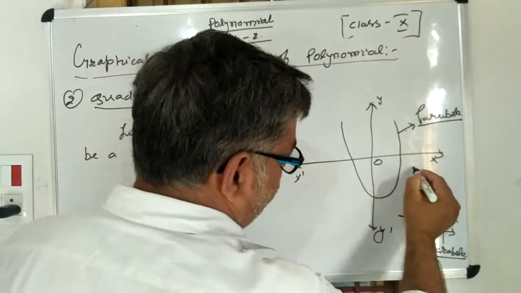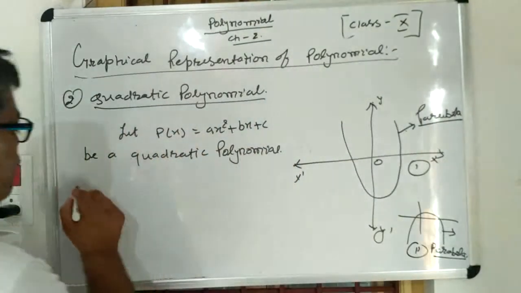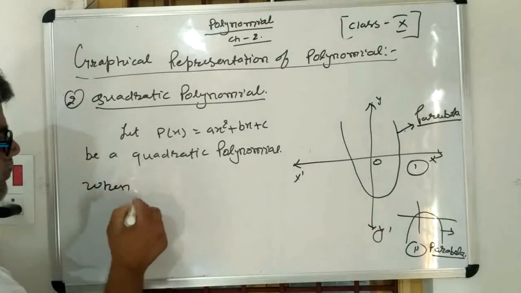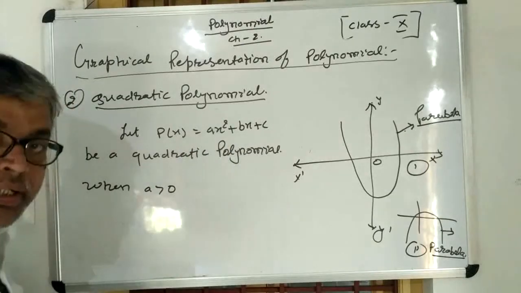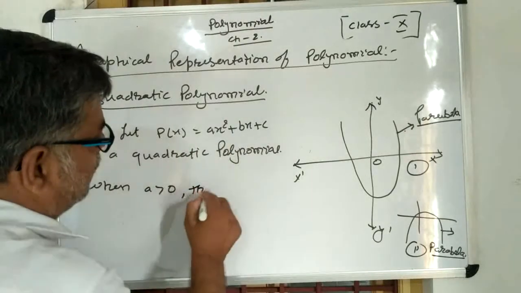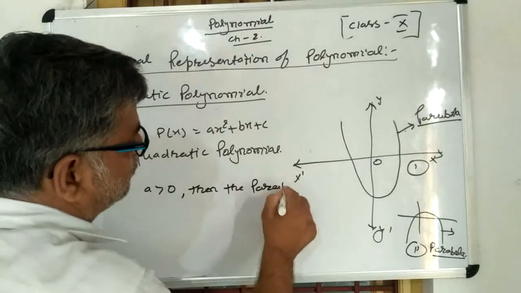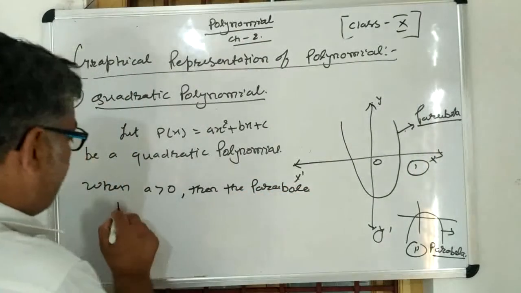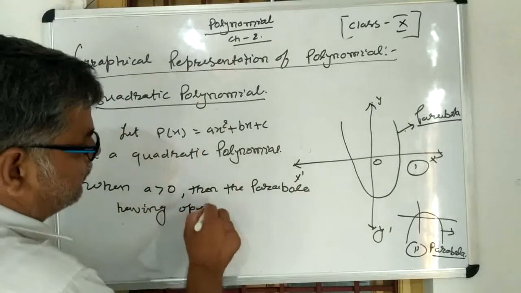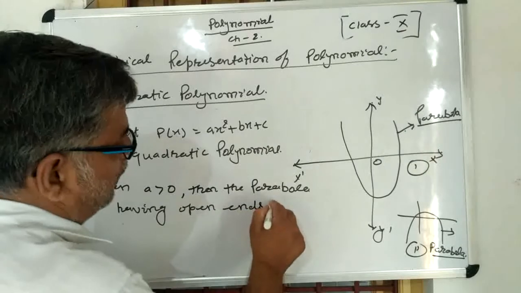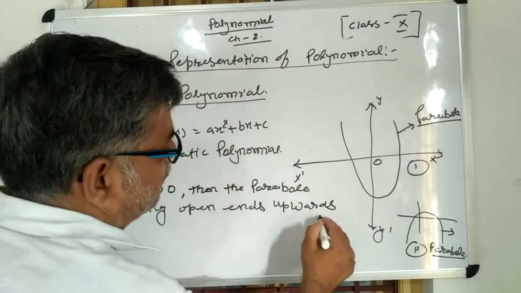Suppose this is your case 1 and this is your case 2. When a is greater than 0, then the parabola has its open ends upwards, that is figure 1.